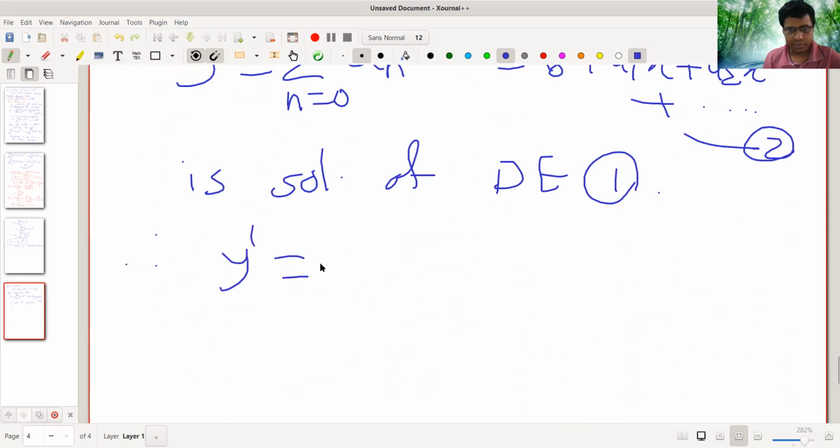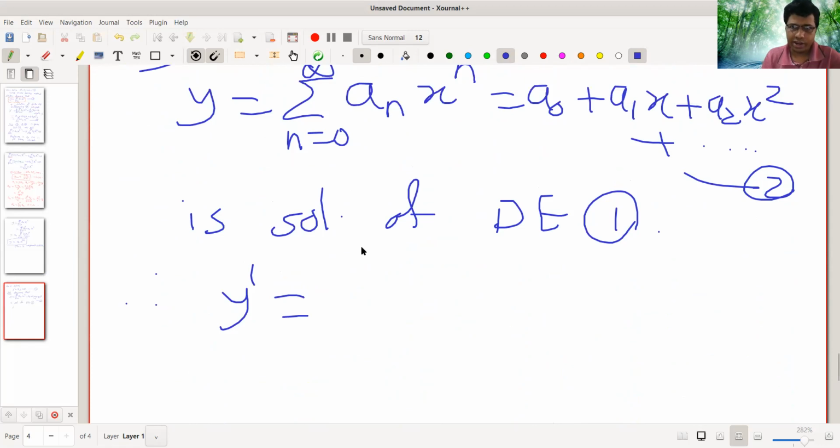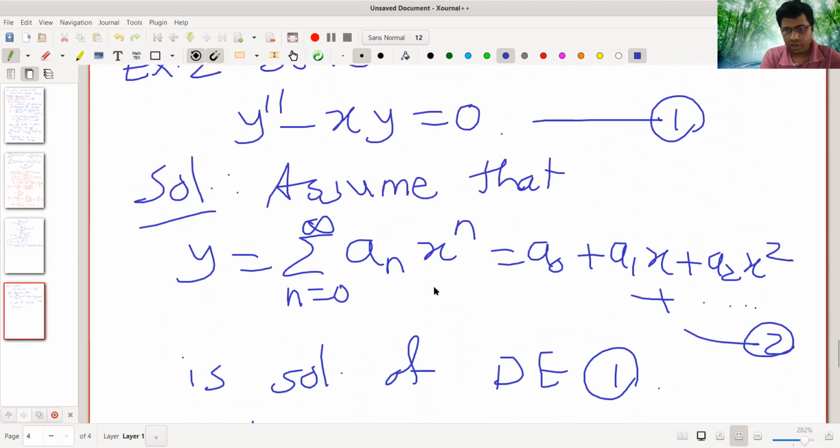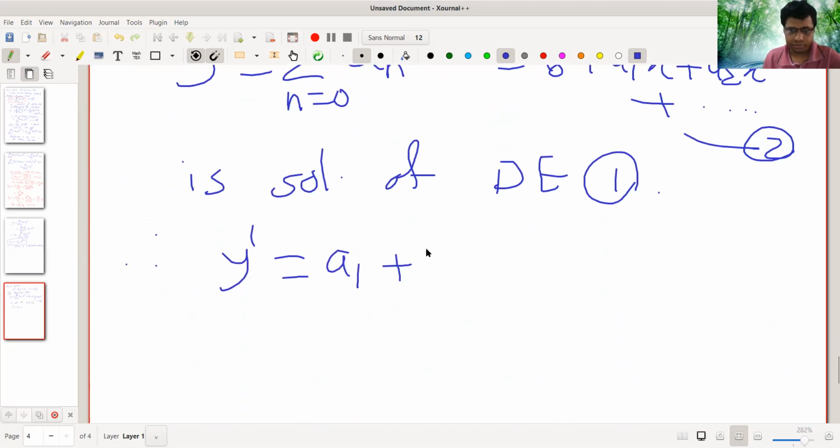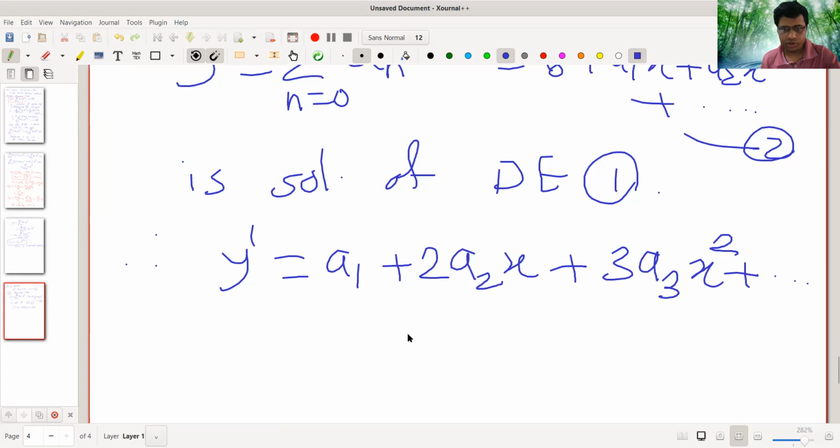Therefore y dash is the differentiation of y, so it is a1 plus differentiation of a2x square, it is 2 times a2x, plus 3a3x square plus and so on, which can be written as summation n into an x raised to n minus 1.